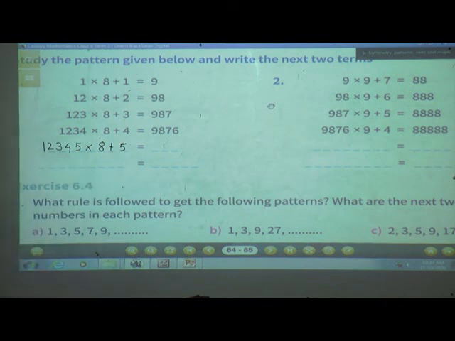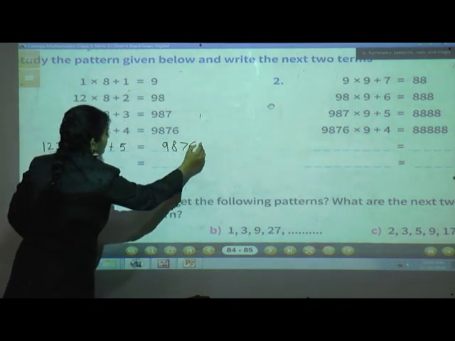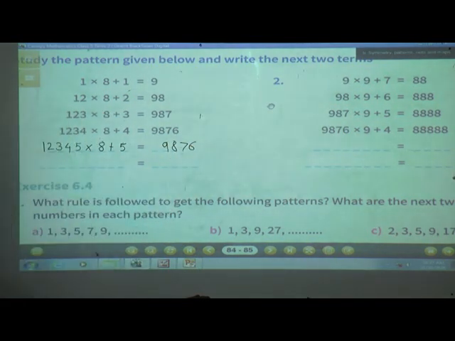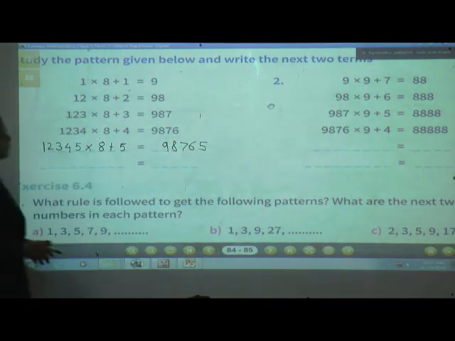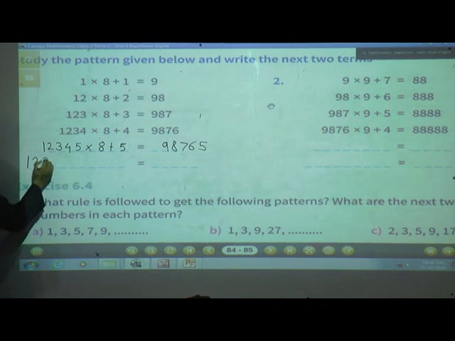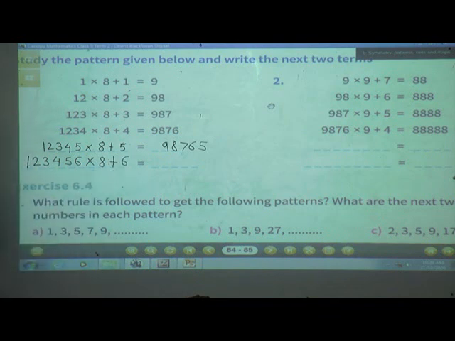So the multiplication is 7, 60. Here 5. Okay, now the next pattern will come. Here I can write 6 multiplied by 8 and plus 6 also.